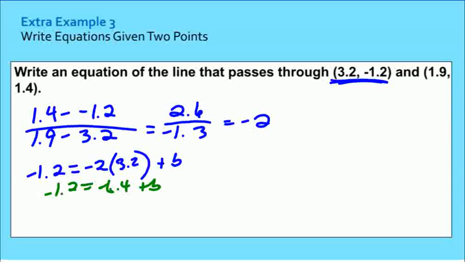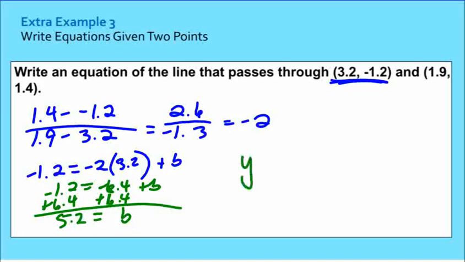To get b by itself, I'm going to add 6.4. And I'm left with b equaling 6.4 minus 1.2, which gives us 5.2. So my equation would be y equals negative 2x plus 5.2.